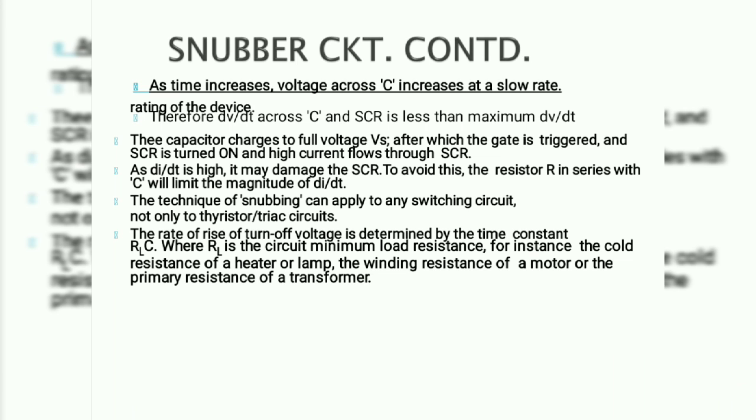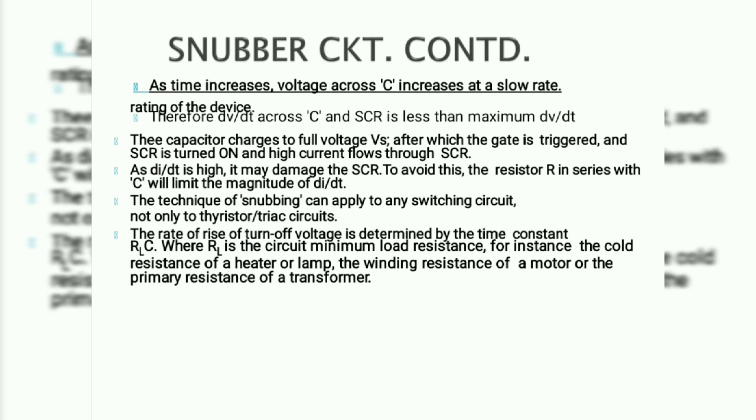In this snubber circuit, as the time increases, the voltage across the capacitor increases at a slow rate. Therefore the dv by dt across capacitor C and the SCR is less than the maximum dv by dt rating of the device.